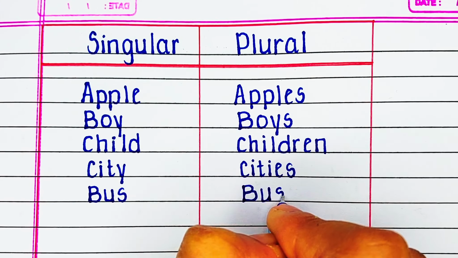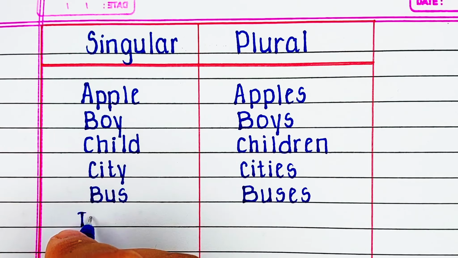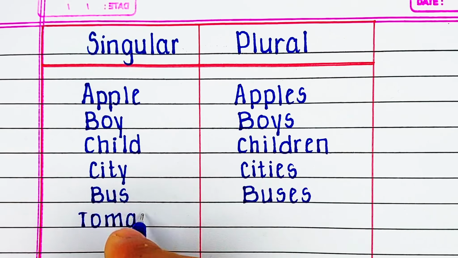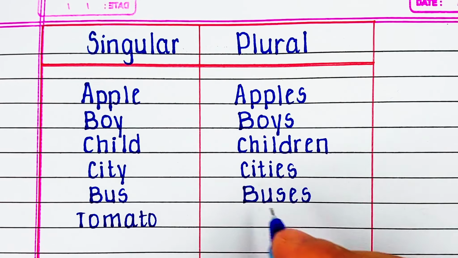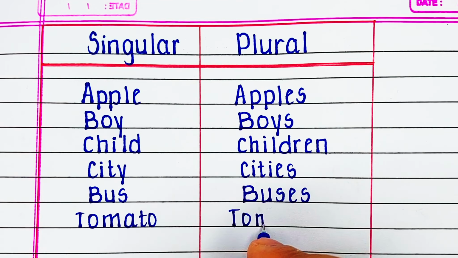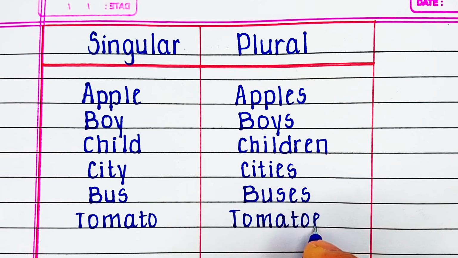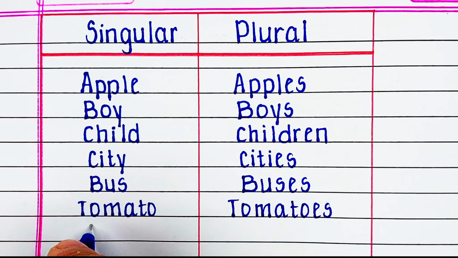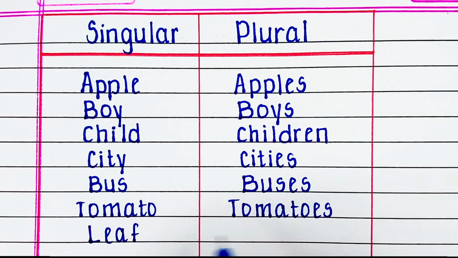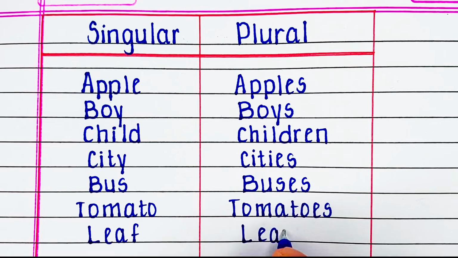Next word is bus. Its plural is buses. Next word is tomato. The plural of the word tomato is tomatoes. Next word is leaf.